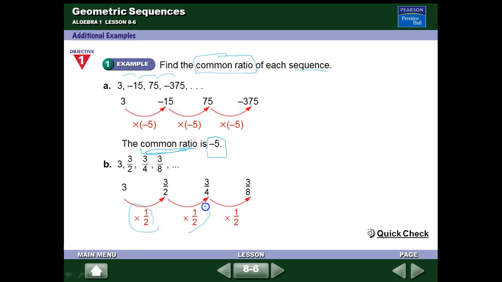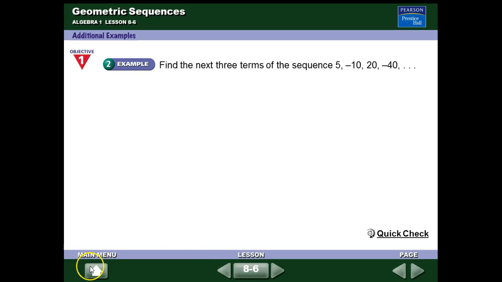So this is the piece that you are trying to find. Now, you have done this in previous classes. However, things are just going to continuously get a little tougher, a little more challenging. So once again, they're multiplying by 1/2. So that is going to be our common ratio. That is what is common in all of them.